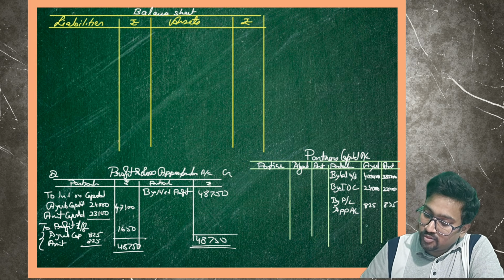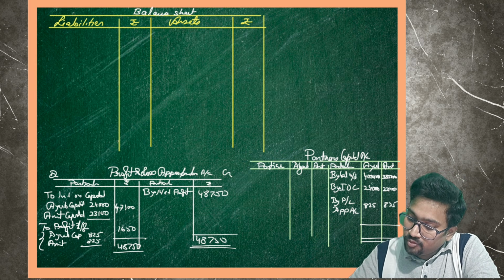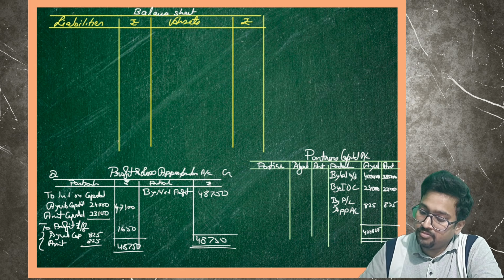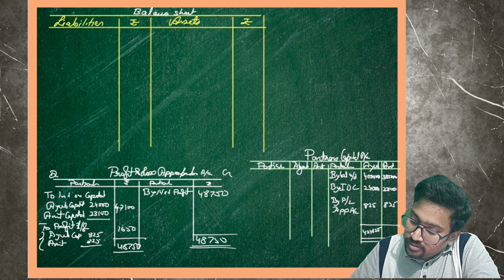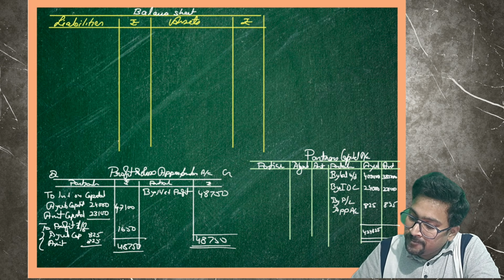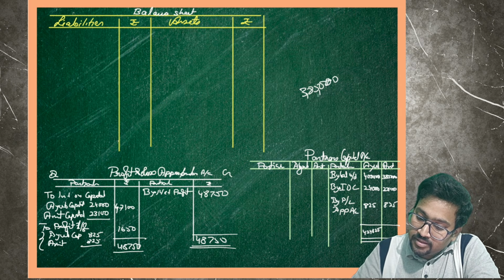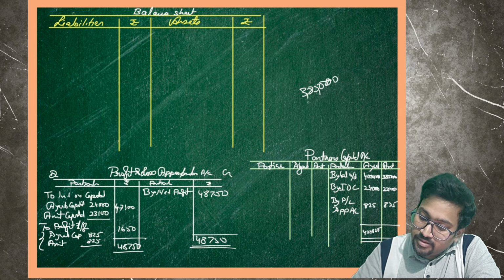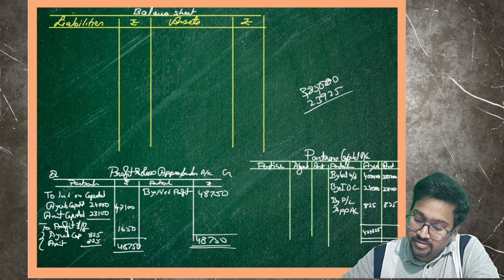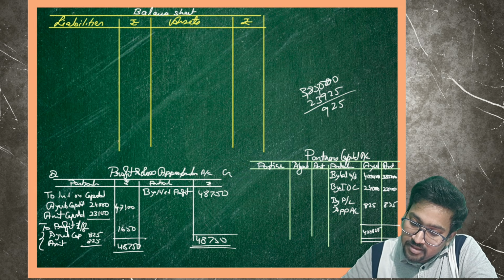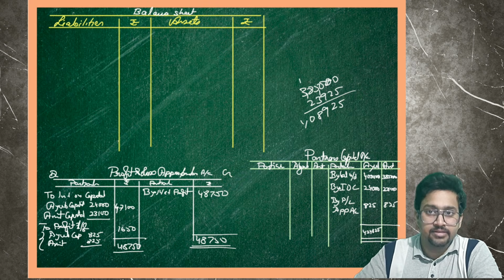Okay, so now let's total this. So the total will be 4,24,825 for Ayub, and for Amit it will be 3,85,000 plus 23,100 plus 825, which is 4,08,925.